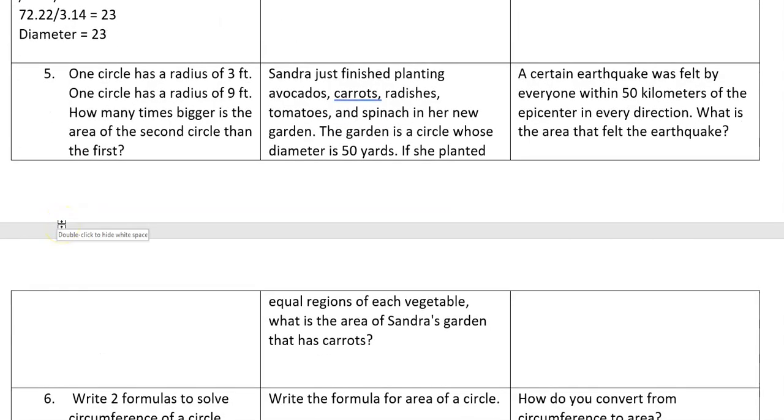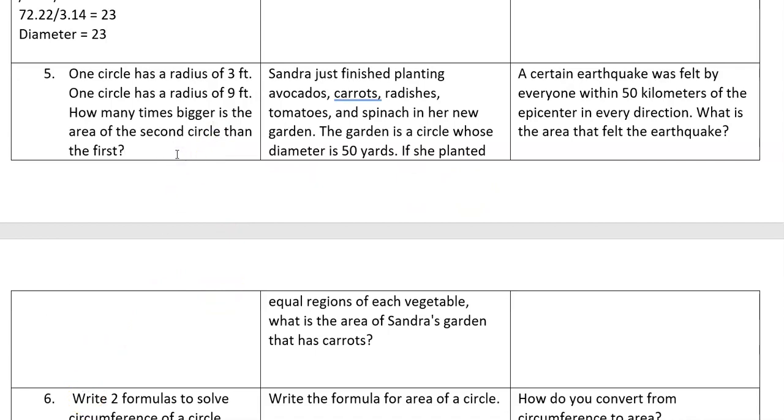Our next one. One circle has a radius of 3 feet, and one circle has a radius of 9 feet. How many times bigger is the area of the second circle than the first? Oh, that's an interesting question. I'm going to start by just finding the area of each circle.